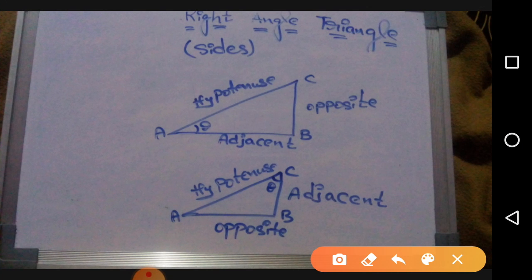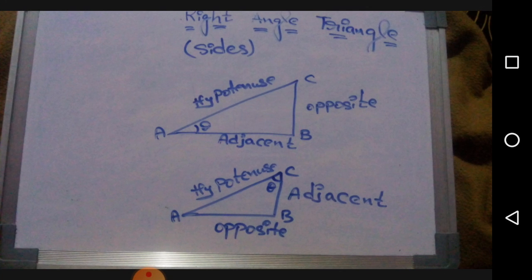A right angle triangle has the property that one angle should be 90 degrees, and the other two angles are acute angles. It also has to follow the Pythagoras principle, that is hypotenuse square is equal to adjacent square plus opposite side square. If you can recall those things, the topic will be easier for you.